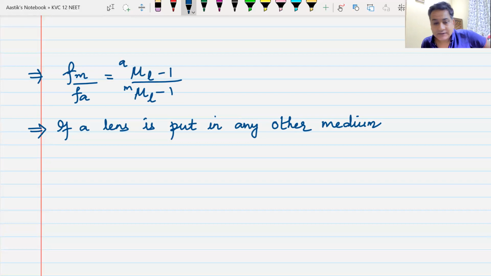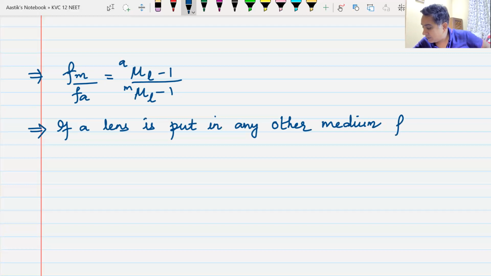If you have a lens in air, you can measure its focal length. If I dip it in any other medium, will the focal length increase or will the focal length decrease? Increase, sir.